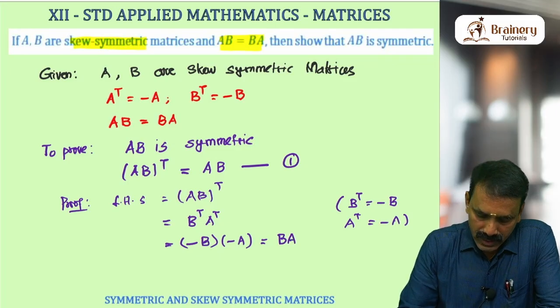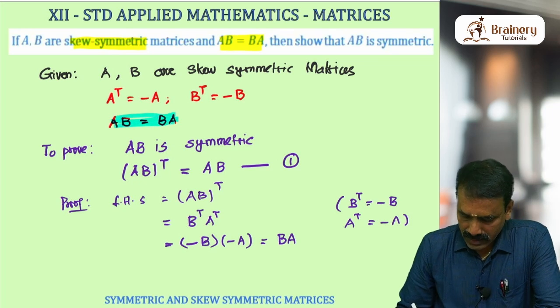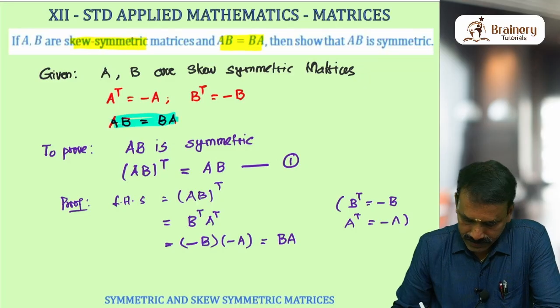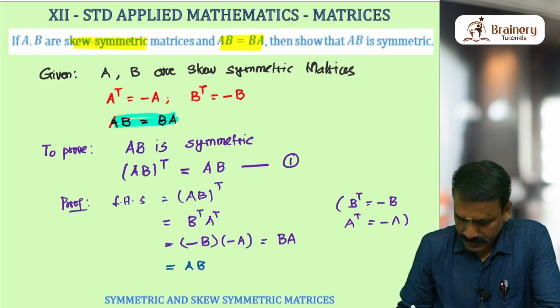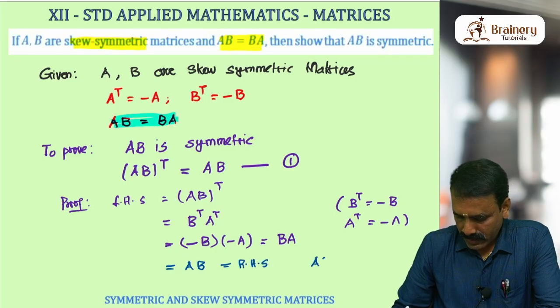And now we are going to use the idea of AB equal to BA. So BA can be written as AB, which is your RHS. So we proved AB whole transpose is equal to AB itself.